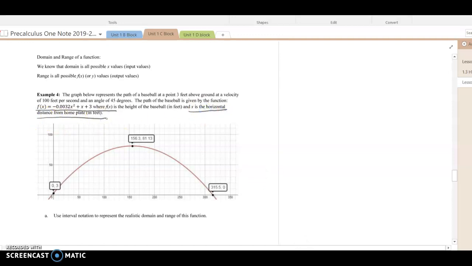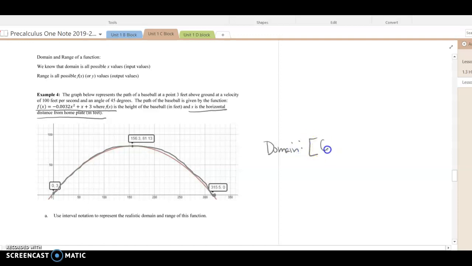Now we care about the path of the ball. So all we really care about is where the ball started and when the ball hits the ground. Because after that, it's not realistic for talking about a baseball. So our realistic domain is all x values for the path of our baseball.